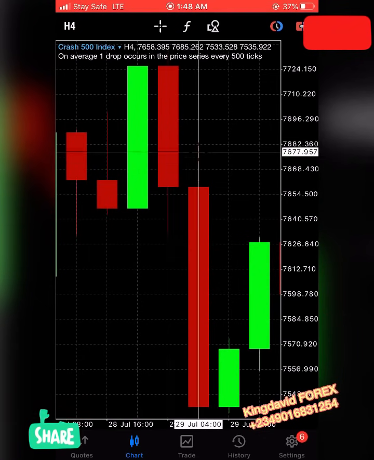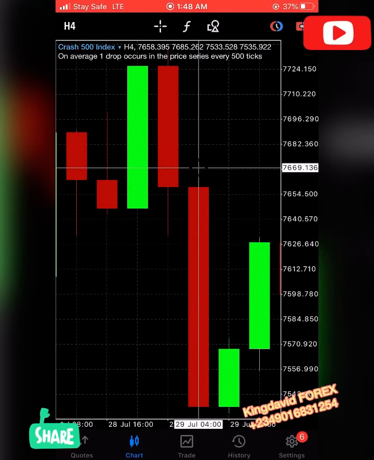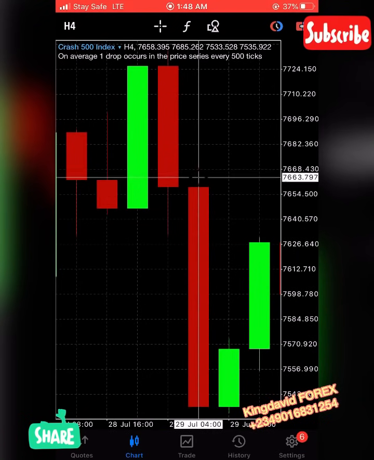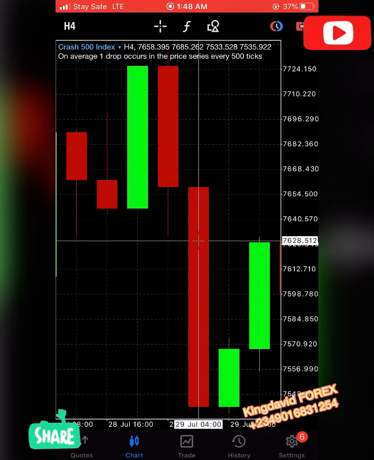So most times in boom and crash, please trade with confidence, with some special candles. When I say with confidence, in some cases it may not occur, of course.